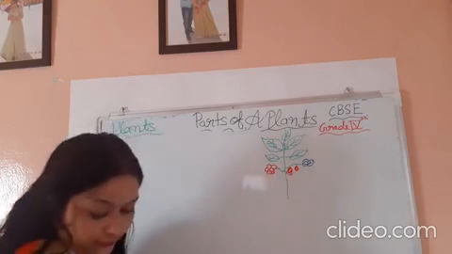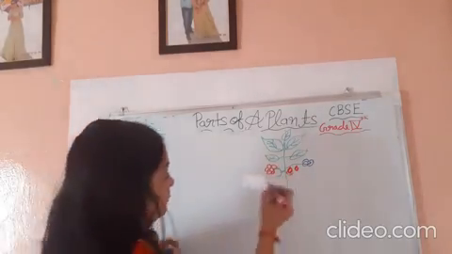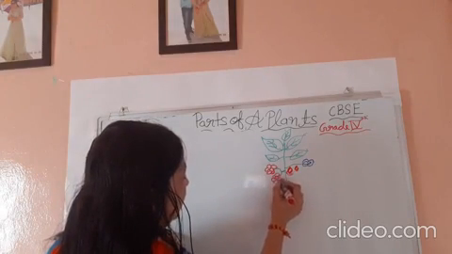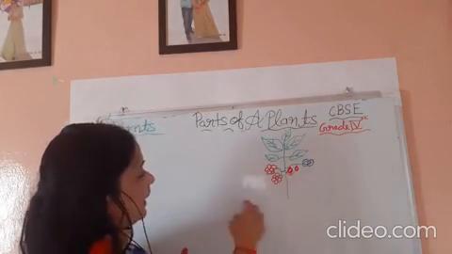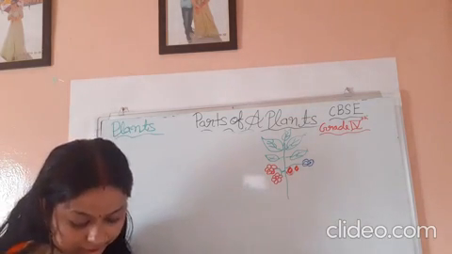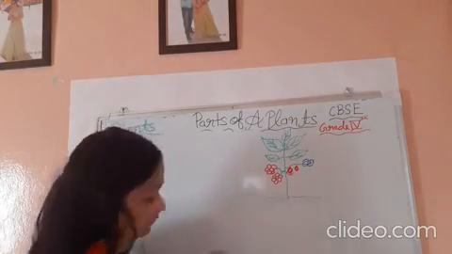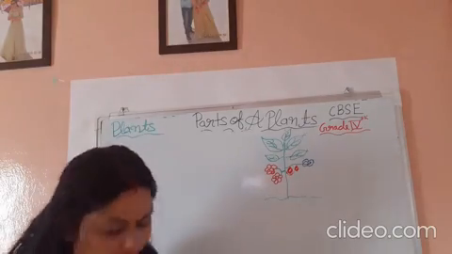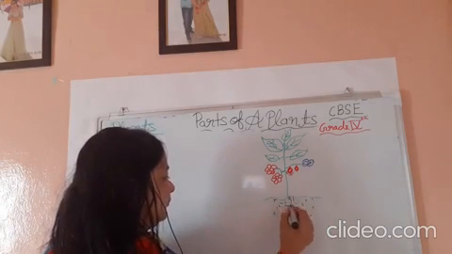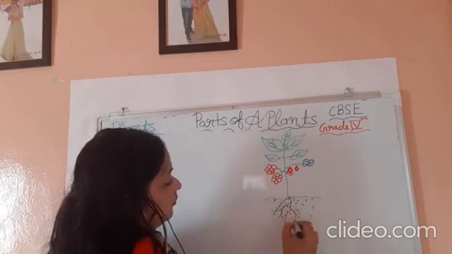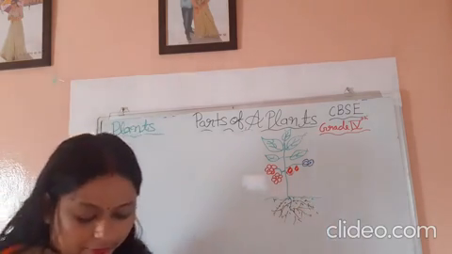This is showing very clearly on your screen: birds, fruit, flower and branches, and this is the ground. Roots are in the ground. So let's label this diagram.